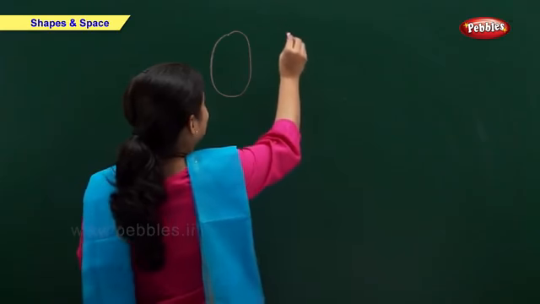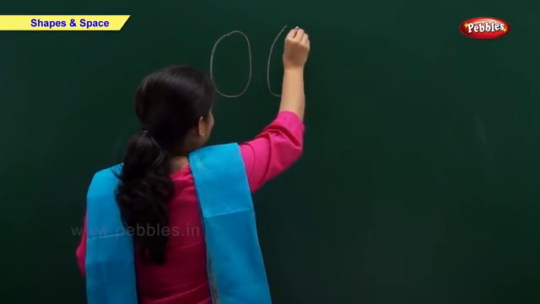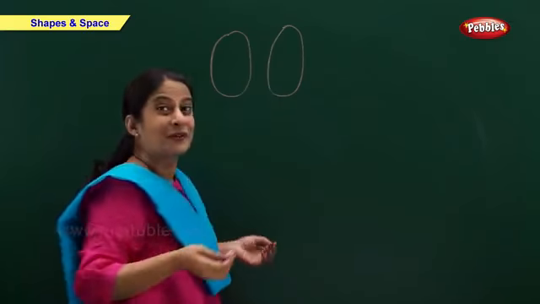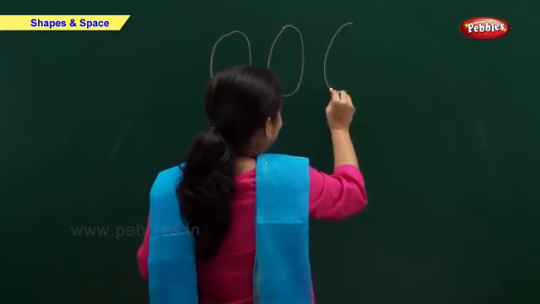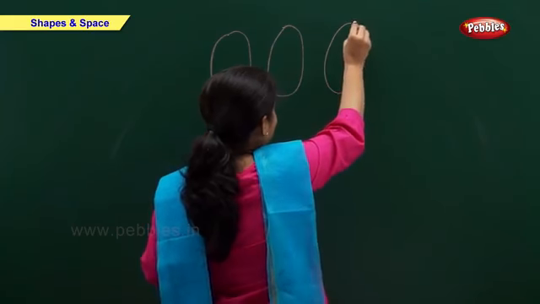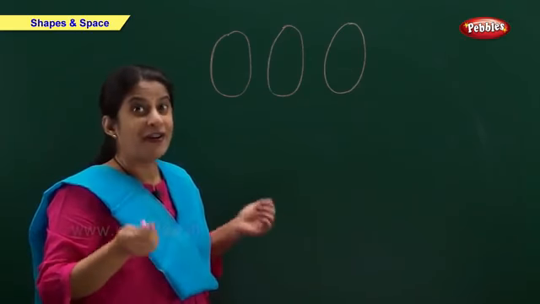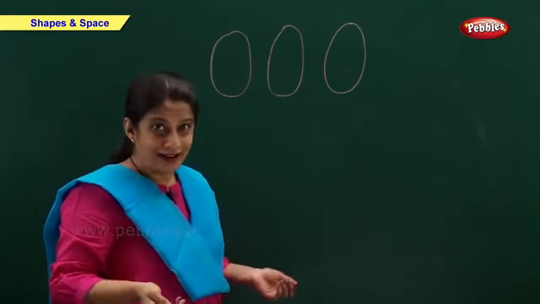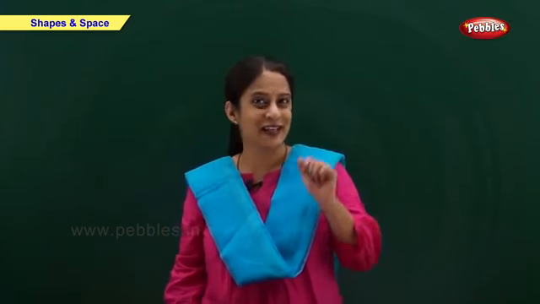Oval. Oval. Oval. Shape of an egg is like an oval. Now let us draw a semicircle.